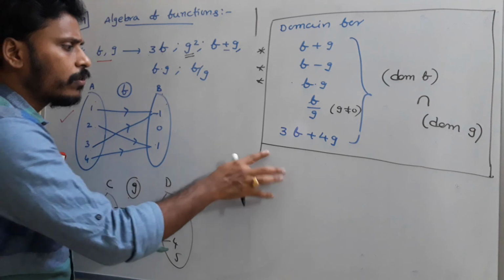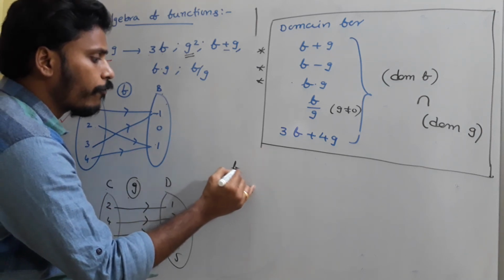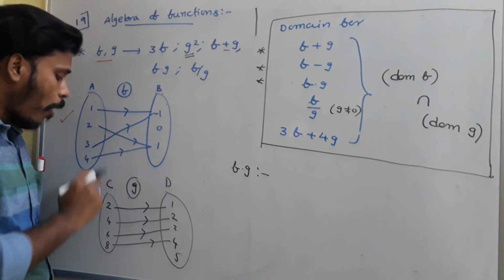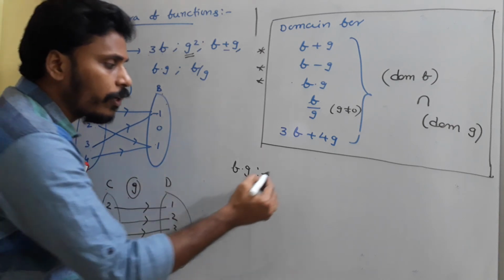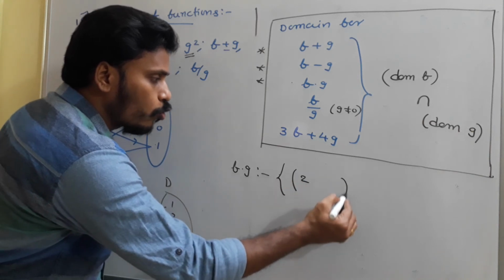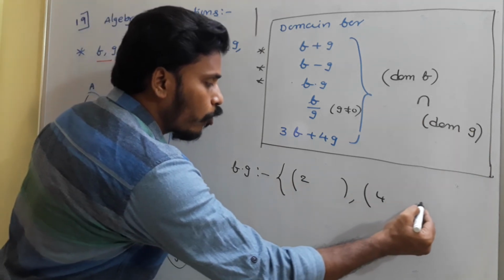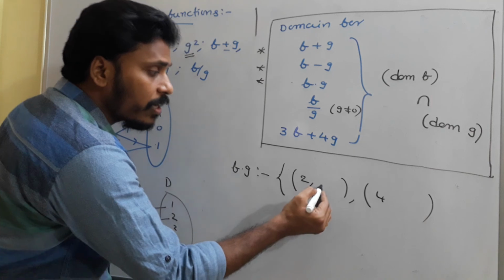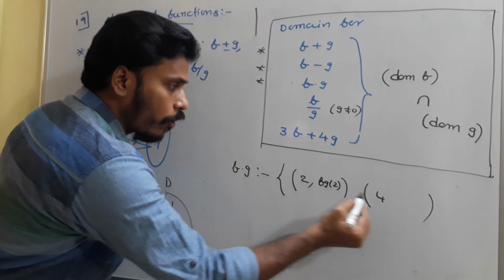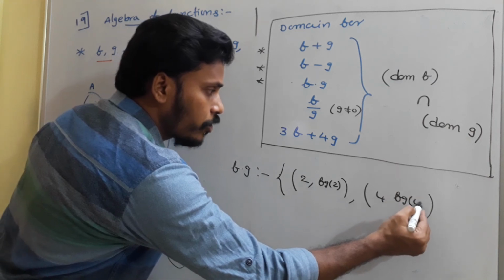Okay, and now once again if you wish to write f into g for these two functions, since the domain is just the common elements of these two, writing f into g is simply the set containing ordered pairs 2, something and then 4, something, and this something is simply fg of 2 and this something is fg of 4.